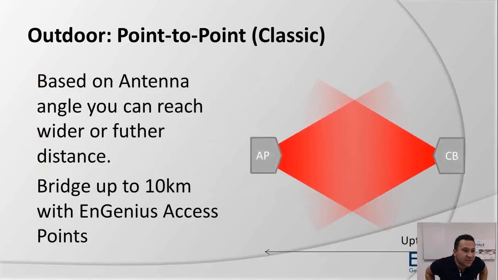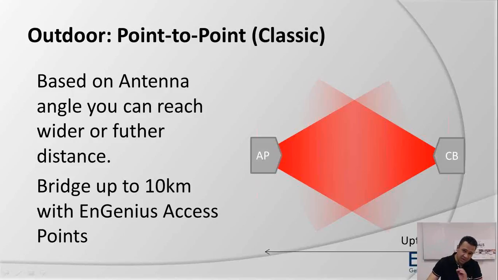So point to point, the classic thing, is shown here in an illustration. Based on antenna angle, you can reach wider or further distance, and it's very common that our customers will bridge a wireless connection up to 10 kilometers with our access points.